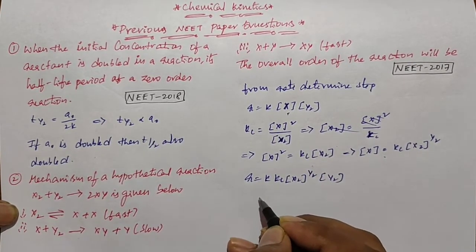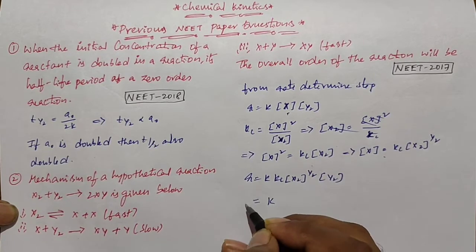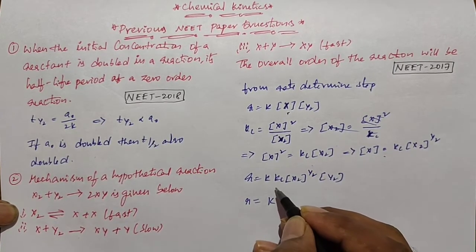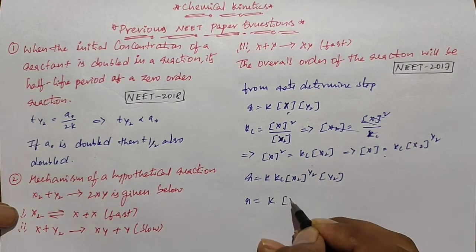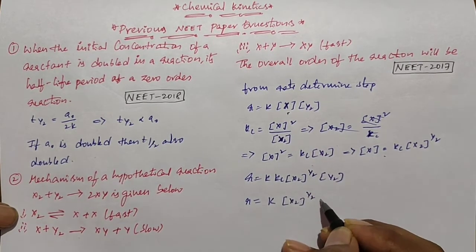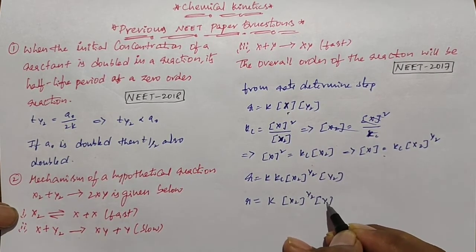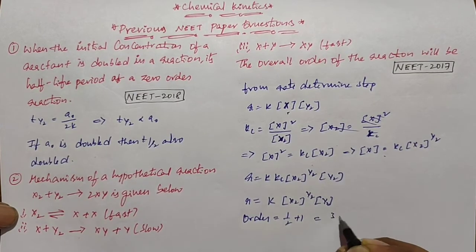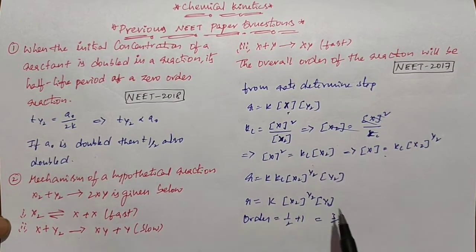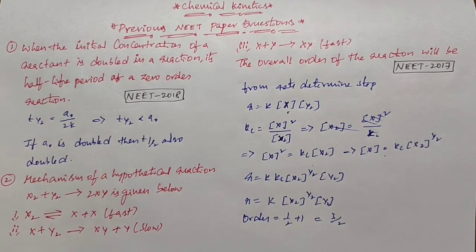So in place of K and Kc, we can write a single capital K as the rate constant, since a constant times a constant is a constant. So R is equal to K into X2 power 1 by 2 into Y2. Then the order of reaction is equal to 1 by 2 plus 1, that is 3 by 2. So the overall order of the given reaction is 3 by 2.